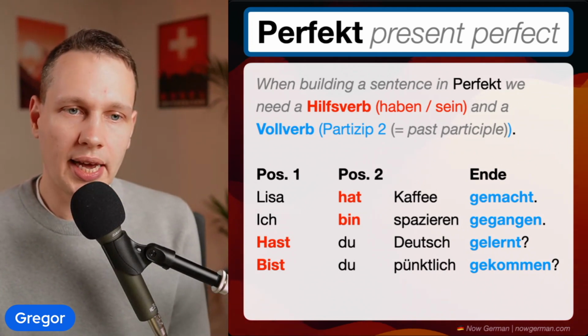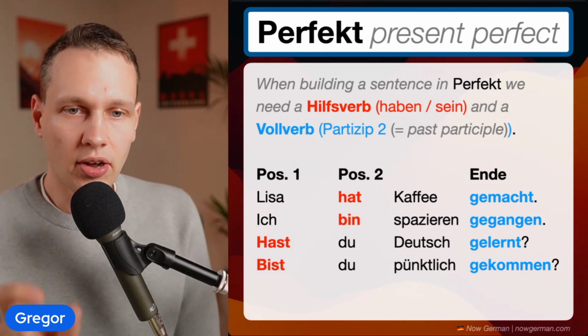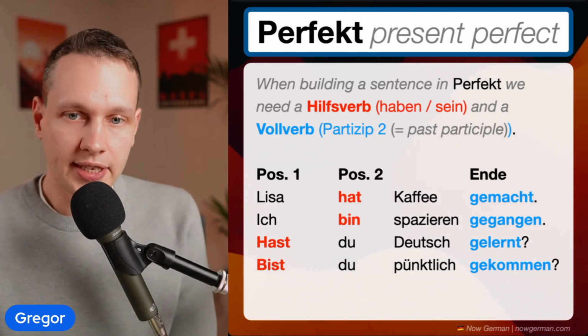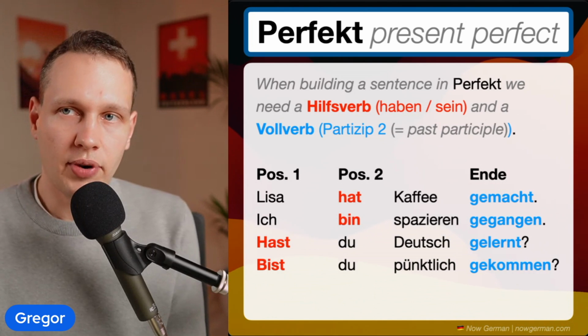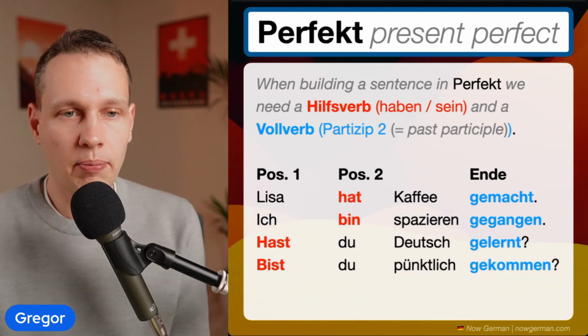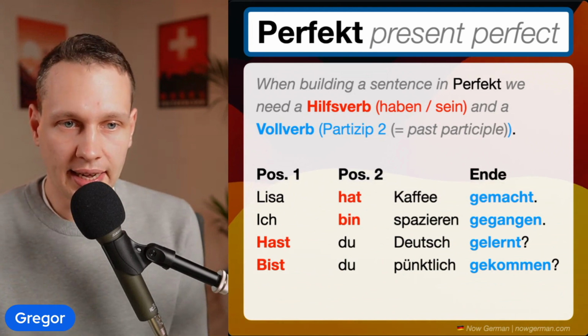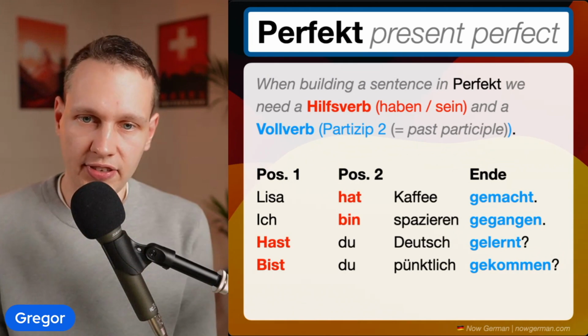And that's just the rule that every other part of the verb that is not the conjugated verb goes to the end. This is the same as you probably have learned before with separable verbs. So for example, einkaufen, to buy, in the present tense is ich kaufe ein, and the ein goes to the very end of the sentence.